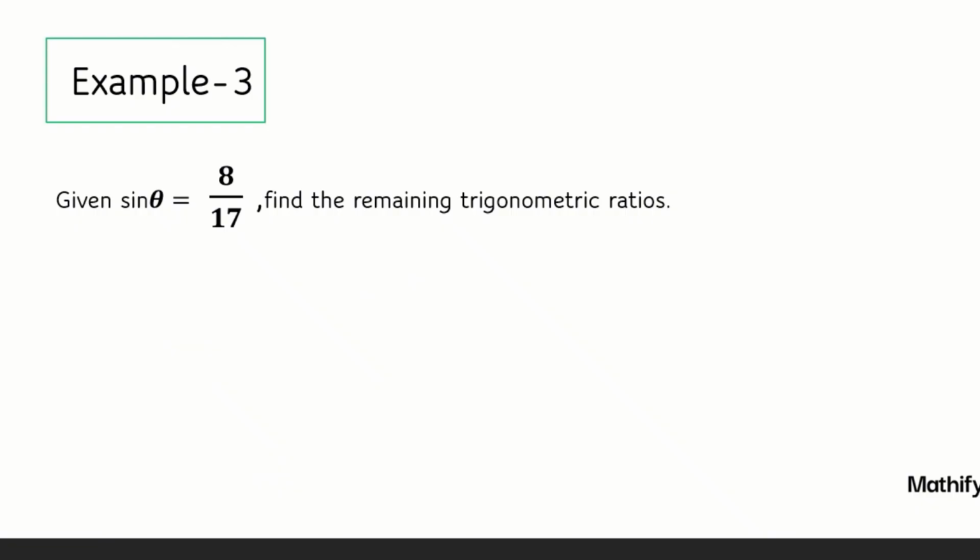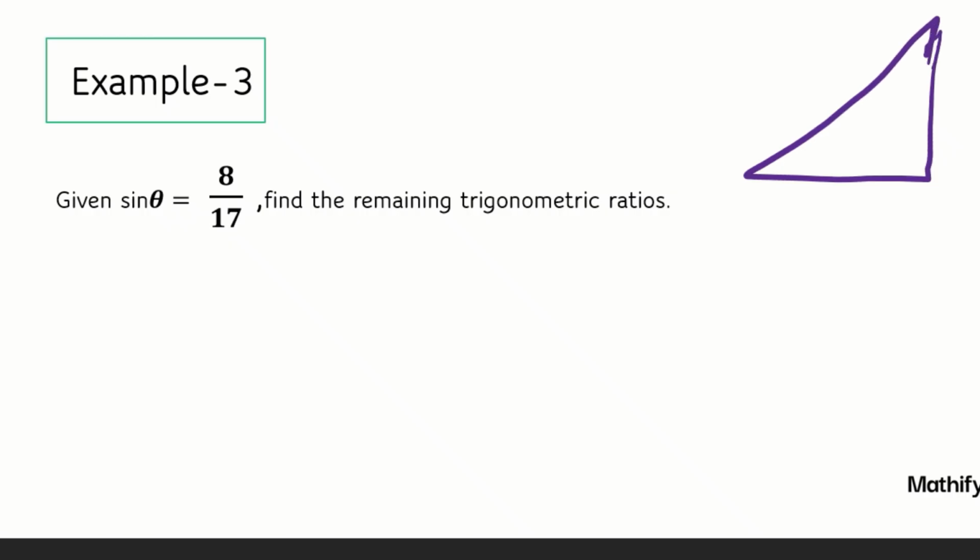Now, example 3. Given sin theta is equal to 8 by 17, find the remaining trigonometric ratios. How am I going to find this out? Nothing is given here. Yes, it is given here. First of all, in trigonometry we make a right angle triangle.